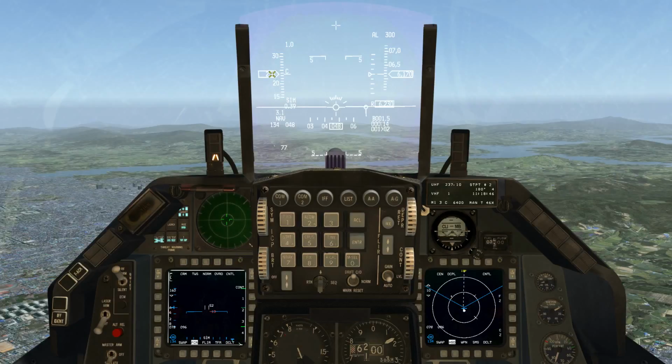So 1% of 240 is 2.4, and I just round that to the nearest whole number. So I'm thinking 2 miles is where I want to establish my lead. If I'm going to put myself on a 13-mile arc, then at 11 miles is where I want to start that left 90-degree turn. And if I do it right, as soon as I roll out 90 degrees to the left of heading change, then my DME will be right at 13.